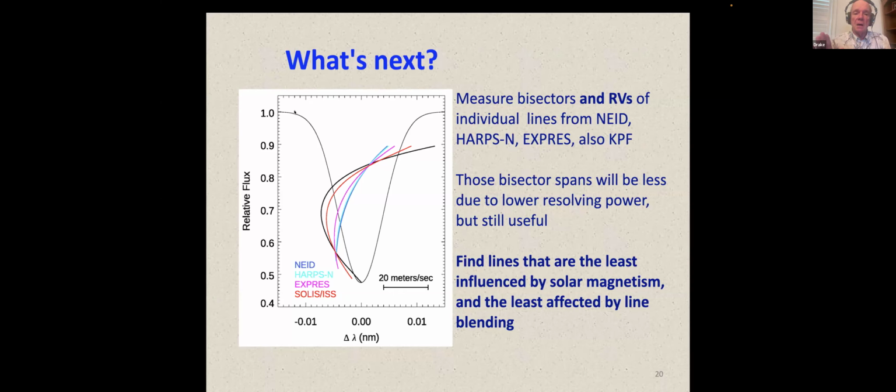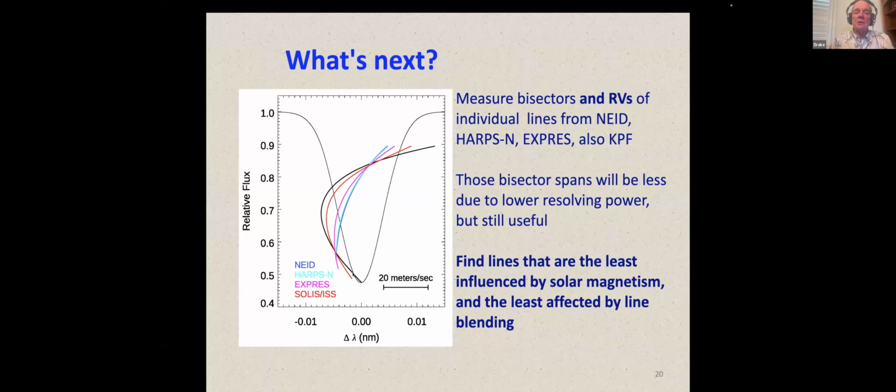It's a Gaussian line to which we have added another Gaussian line to make it asymmetric, and thus it has a bisector. The black curve is the bisector, and of course, it's on an expanded scale. If you plotted it on the real scale, it would be hard to see the curvature by eye. So this is the bisector at infinite resolving power.